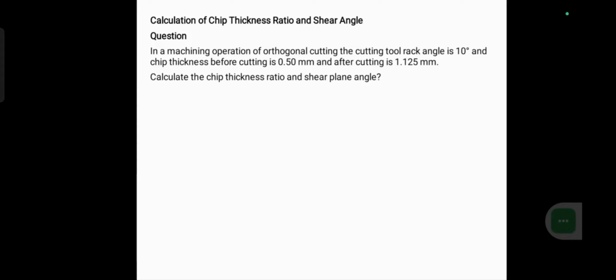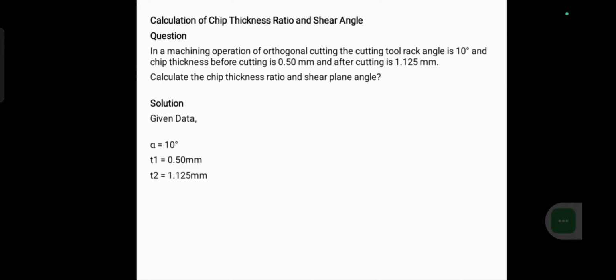Now let's look at the solution. Here are the given data. Alpha equal to 10 degrees. Chip thickness before cutting T1 equal to 0.50 mm.